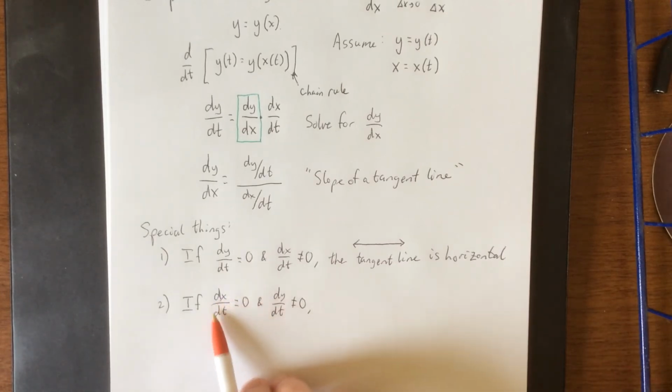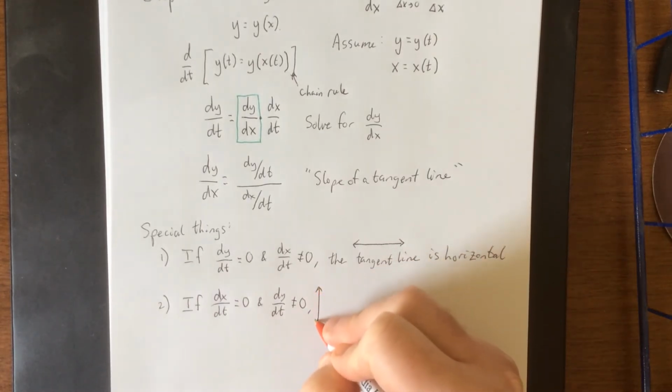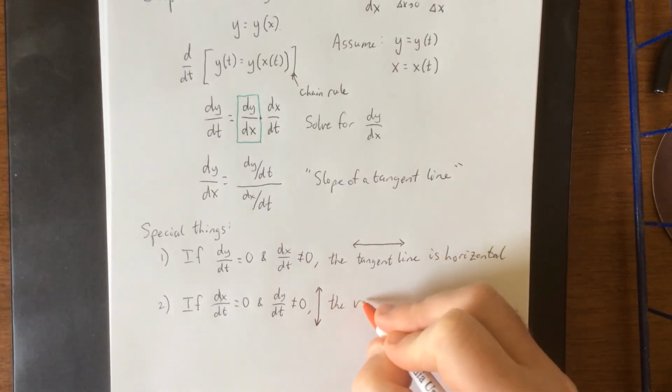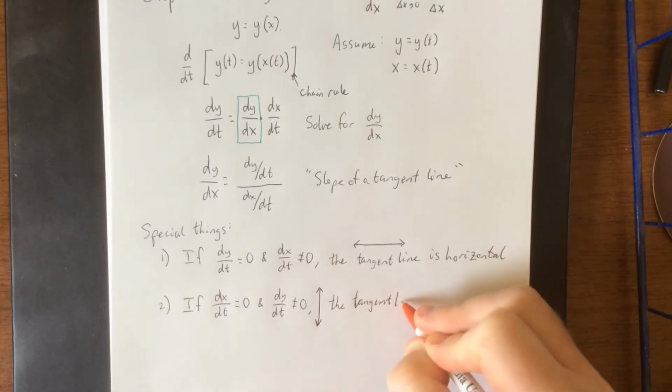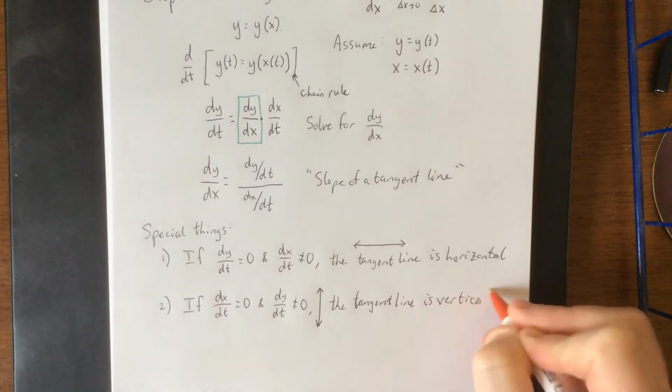We can also think of this as saying x is not changing, but y is changing. And in this case, if x is not changing, but y is changing, you have yourself a vertical line. The tangent line, there we go, is vertical.